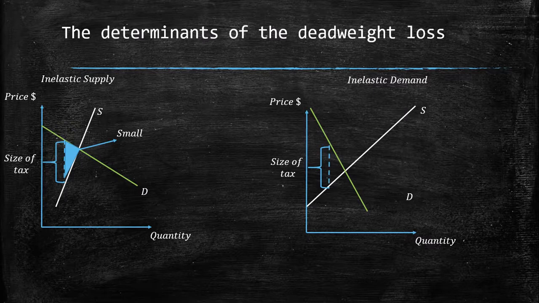So here we have the same size, and we see that both are kind of equivalent, so we can conclude that the deadweight loss is small. Just keep in mind, we are saying that when there are inelastic curves, the impact of a tax, measured with the deadweight loss, is going to be low.